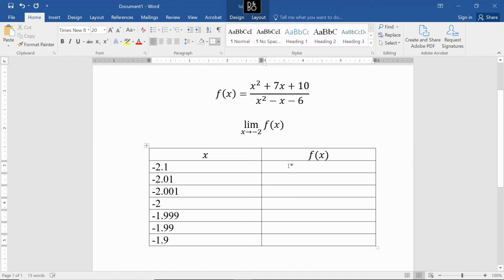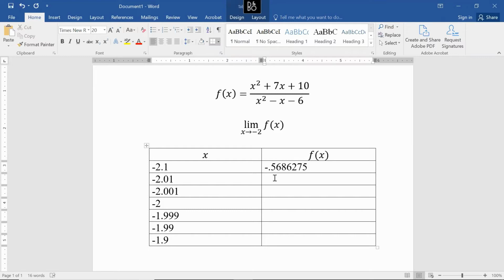And then I'm going to plug into my function f of x. Now, this is going to take just a minute because there's a lot of calculations. I know you know how to do this, so I'm going to speed up that process here and just write in the numbers. So here we go. Negative 2.1, when I plug that in, I get about negative 0.56866275.